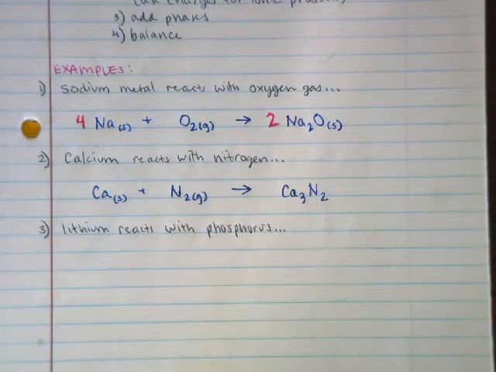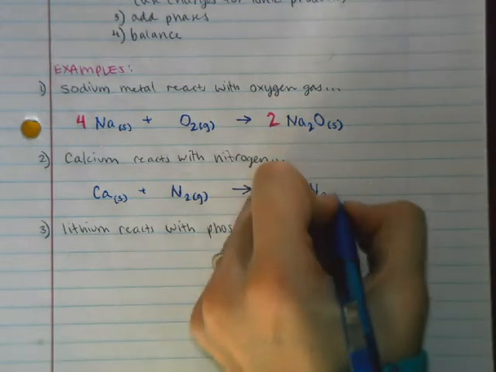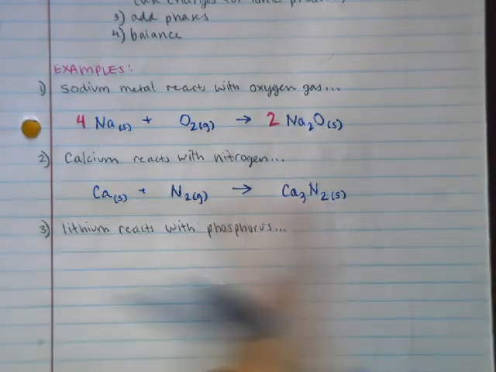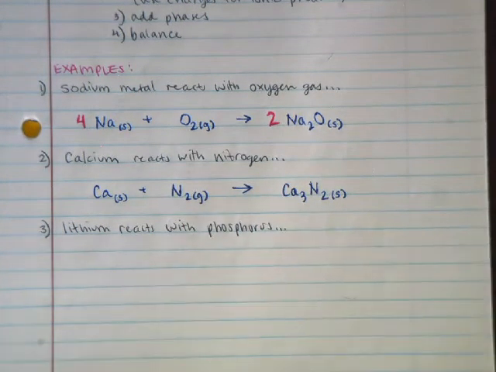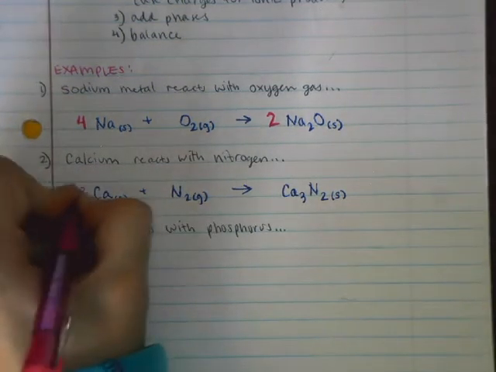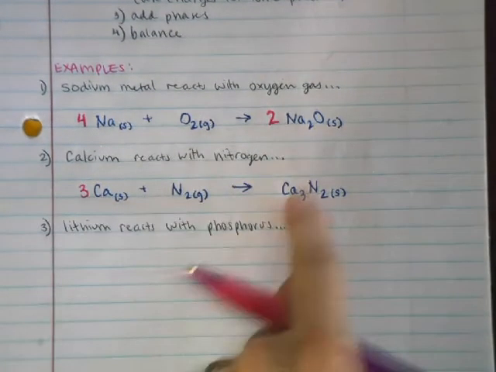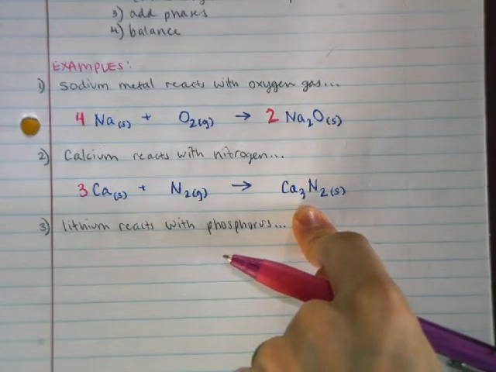I doubted myself for a second there, but yeah, that's right. And again, we've got an ionic compound, so it's going to be in the solid phase. Nitrogen is already balanced. Calcium is not, but I can fix that pretty easily by putting a 3 right here. Again, synthesis reaction: 2 elements reacting to form 1 compound. Only 1 product. Super easy.